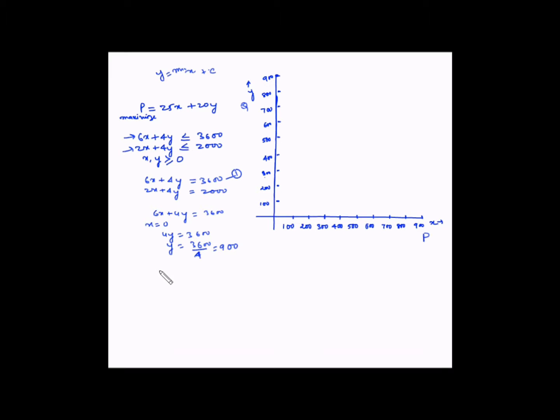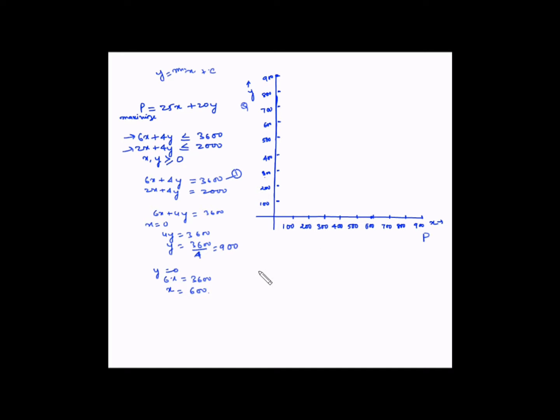Similarly, if we put y as 0, we get 6x is equal to 3600, or x is equal to 600. So on the x-axis, this line will intercept at 600.